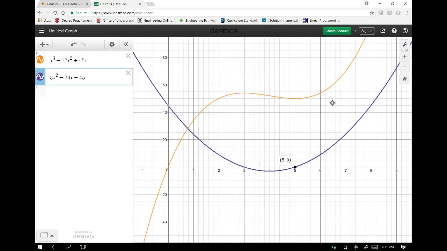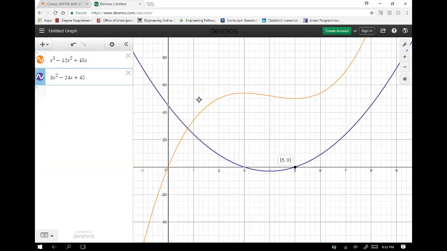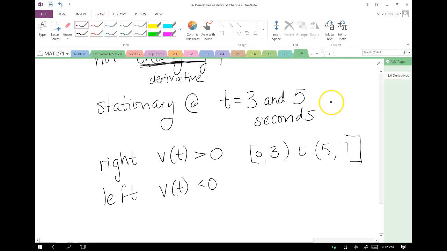It's coming back towards the x-axis there. So in that little piece between 3 and 5, our velocity has negative values because we're moving back towards the left. So again, I'm going to use parentheses because it's not moving to the left at 3 or at 5, it's between 3 and 5. We've already said at 3 and at 5, it's stationary.